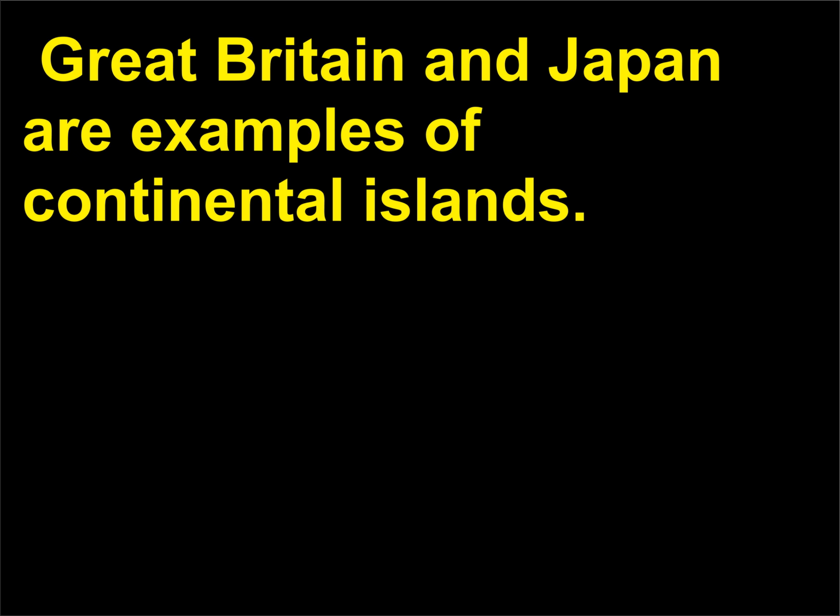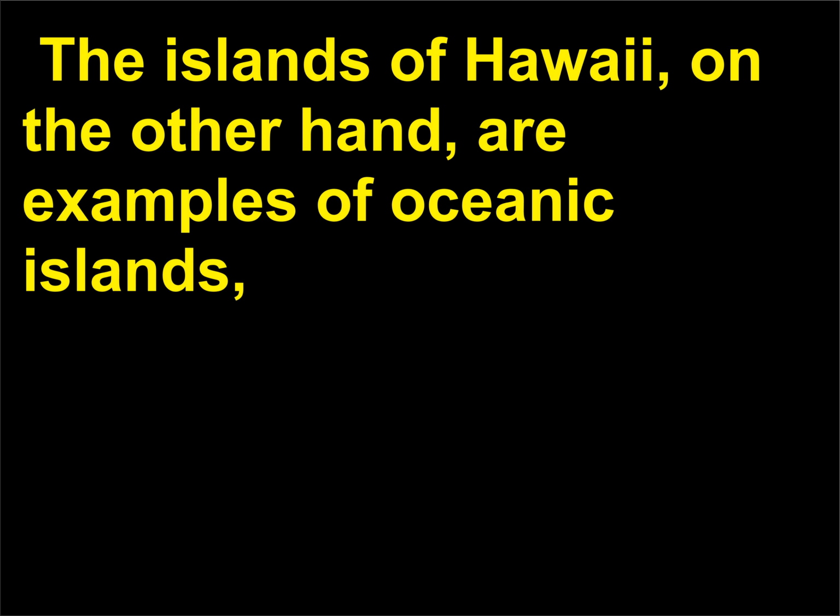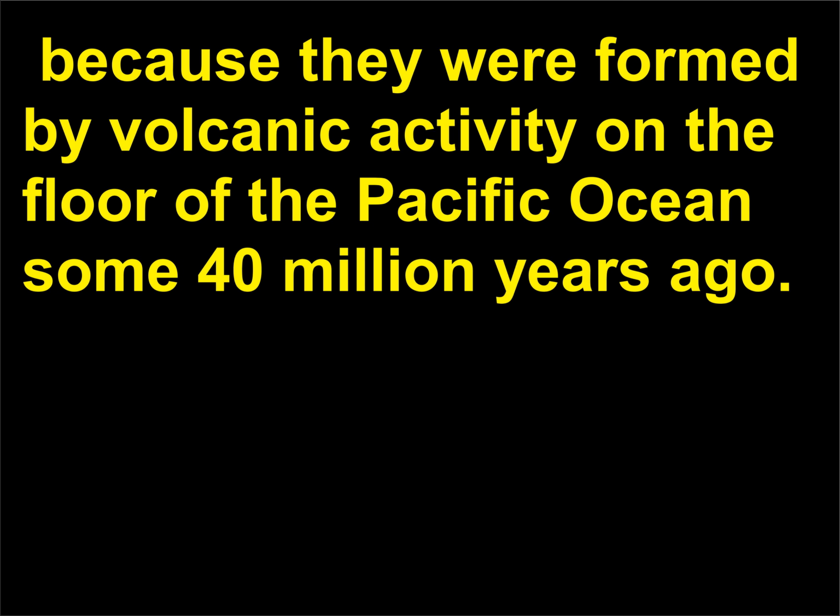Great Britain and Japan are examples of continental islands. The islands of Hawaii, on the other hand, are examples of oceanic islands, because they were formed by volcanic activity on the floor of the Pacific Ocean some 40 million years ago.